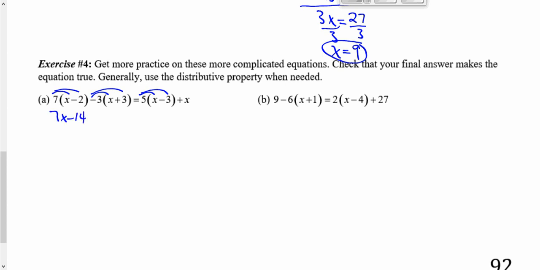Minus 3x minus 9 equals 5x minus 15 plus x. But we could add the x. So now, yeah, let's combine like terms before we start moving things to the other side of the equal sign, right? Get it cleaned up. I know a lot of kids will start trying to get stuff on each side of the equal sign, so get it cleaned up first, combine like terms.